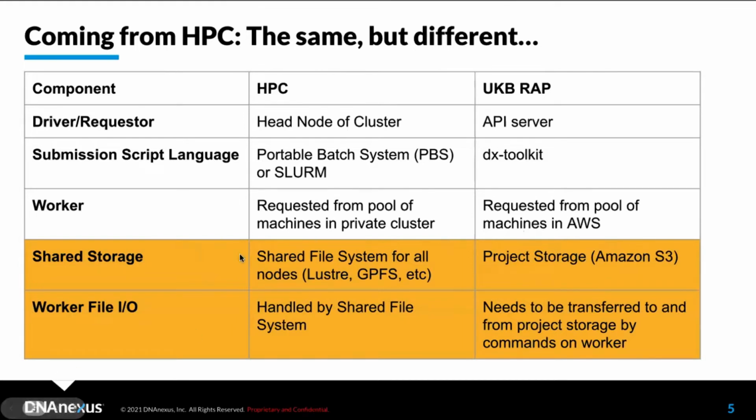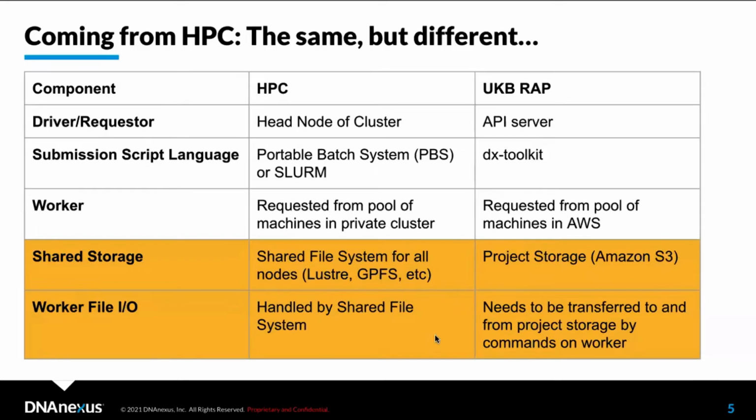This is the critical difference, and this is why it's highlighted: how do you get files in and out of the worker, and where do the files live? In HPC, there are lots of different shared file systems that all nodes can see and access, whether that be a file system like Lustre or GPFS. On UKB RAP, the storage is based in what's called project storage, which is actually an Amazon S3 bucket.